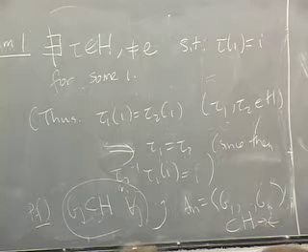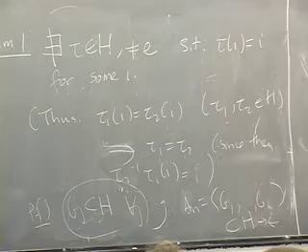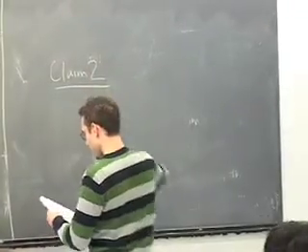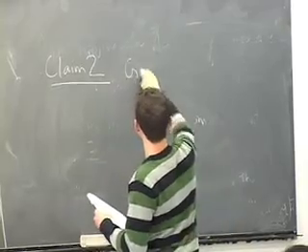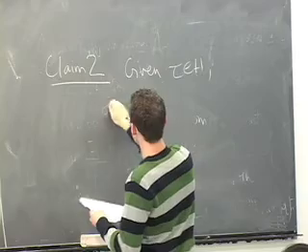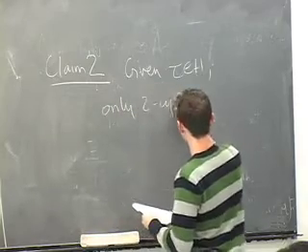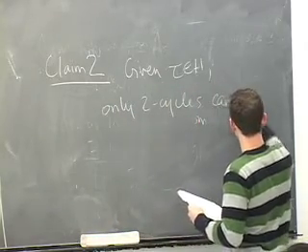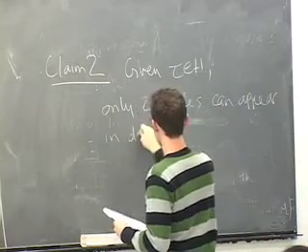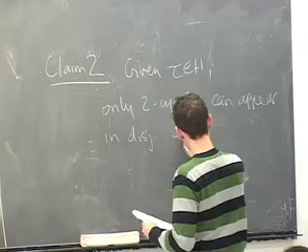And then the last two things are the following. So claim 2, given tau in H, only 2-cycles can appear in its disjoint cycle decomposition.